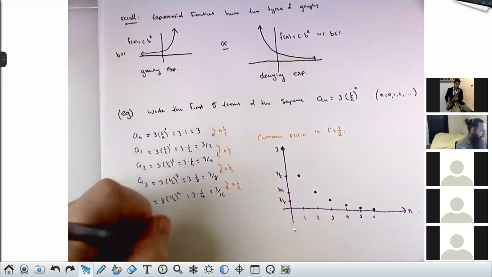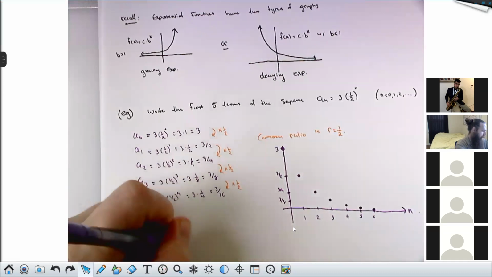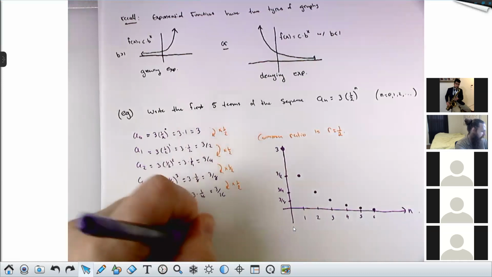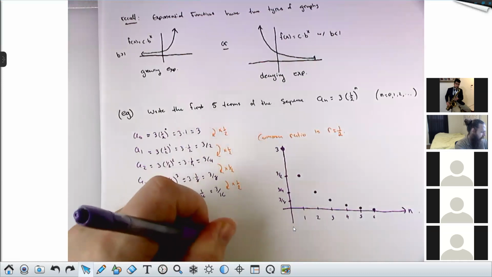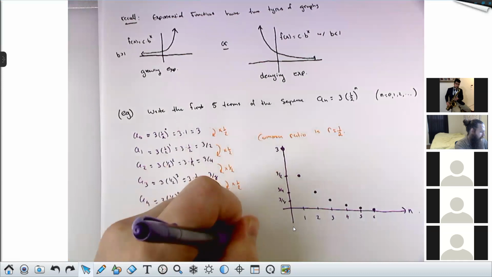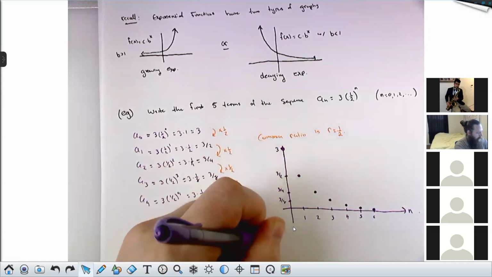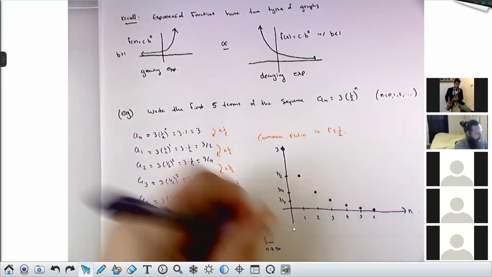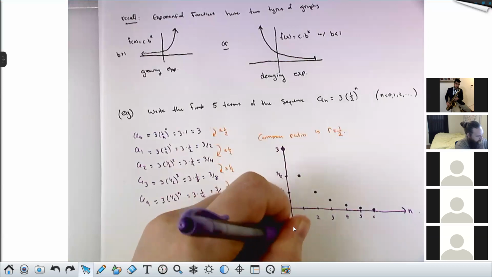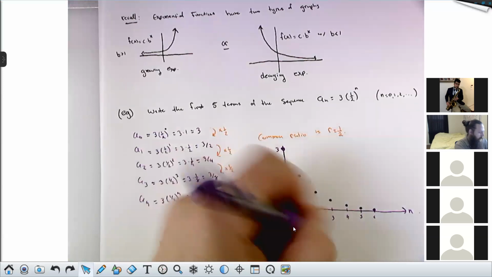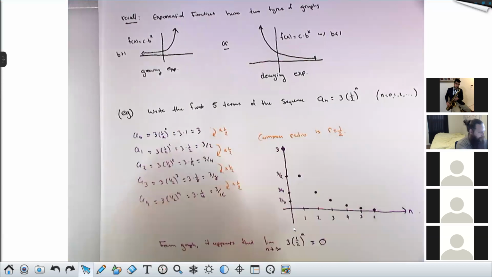So from the graph, it appears that the limit as n goes to infinity of 3 times 1/2 to the n is 0.